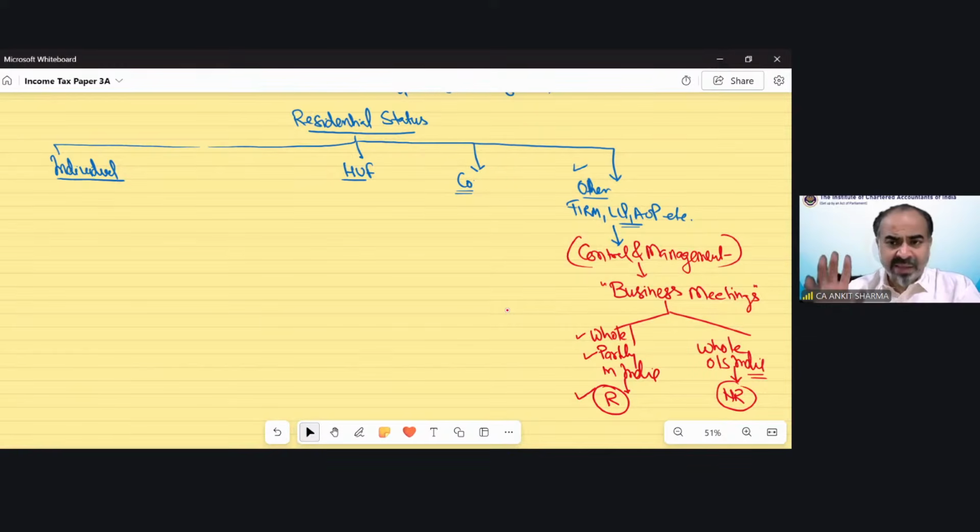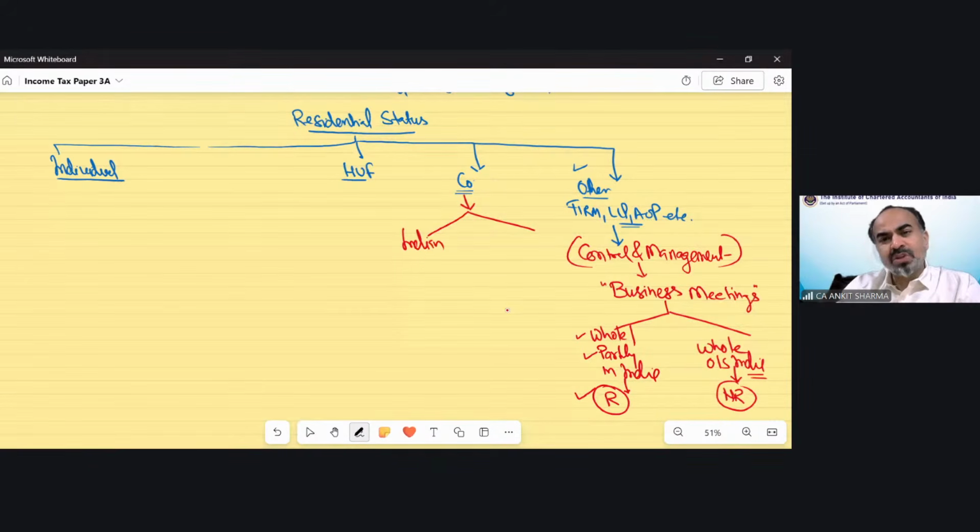Till now, any problem? It's simple. Now, if it is a company, if the question belongs to the residential status of a company, then again there are two concepts. Either it would be an Indian company in the question. If the question says it is an Indian company, then the universal rule: Indian companies will always be regarded as resident in India.